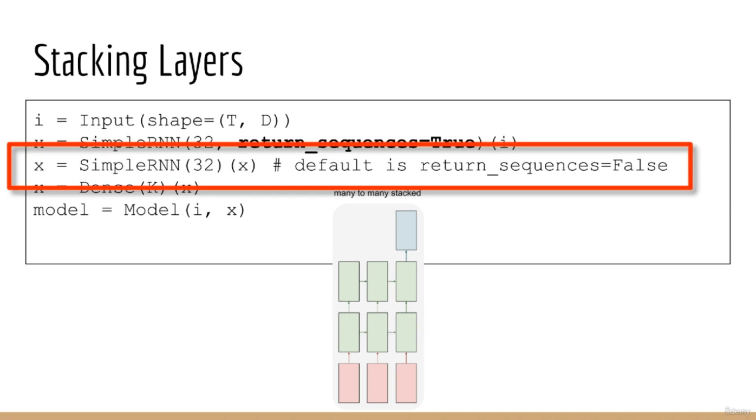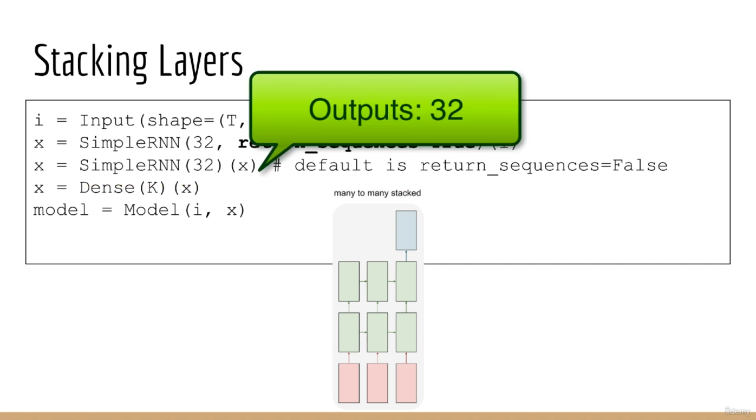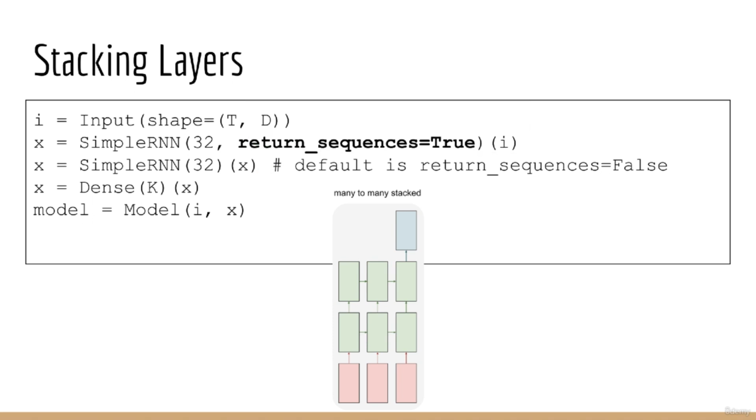So the next RNN layer also has 32 hidden units, but return_sequences is now set to false, which is the default. So the output of this layer will just be a vector of size 32. The next step is to pass this through one final dense layer, where we get an output of size K. Okay, so I hope this was pretty simple. You've now seen how to stack multiple RNN layers together by using return_sequences.